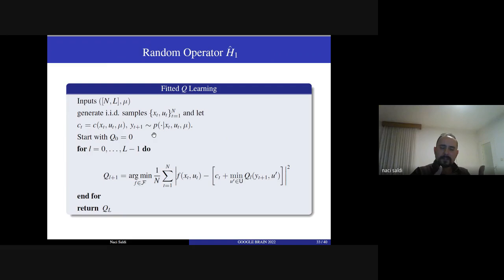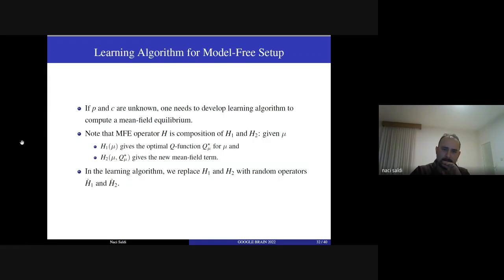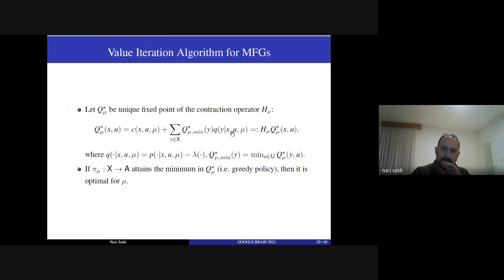And because of this, when we are doing the error analysis of the fitted Q-learning algorithm here, we have to work with the span seminorm instead of the L infinity norm. Because if you have P here instead of Q, then this operator is no longer a contraction with respect to the sup norm.